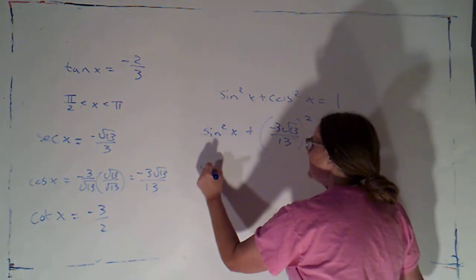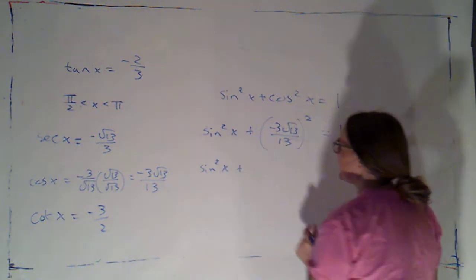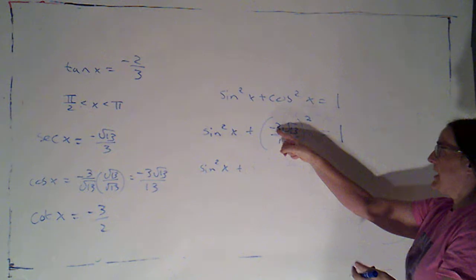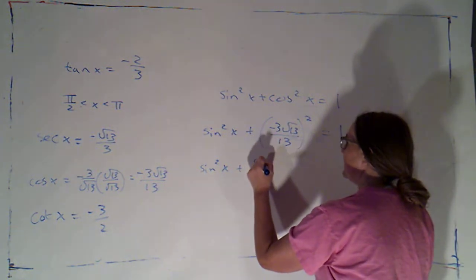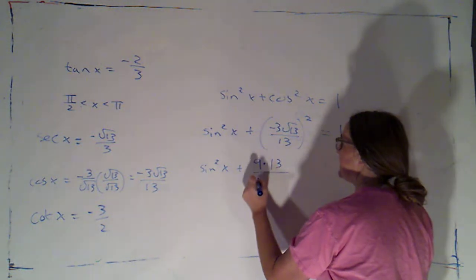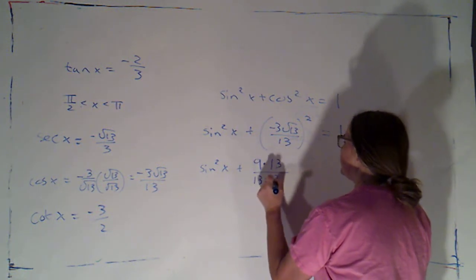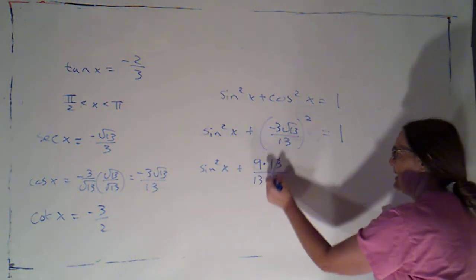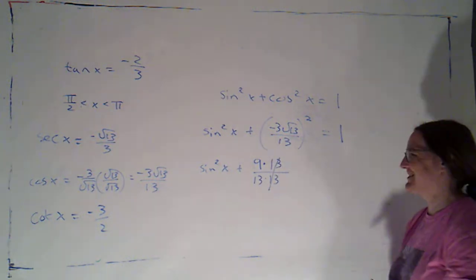Now that's sine squared x plus. Now when I square this, I'm going to square all of this. So negative 3 squares to give me 9, times root 13 squares to give me 13. I'm feeling a little lazy, so the denominator squares to give me 13 times 13. I can cancel one of those 13s.